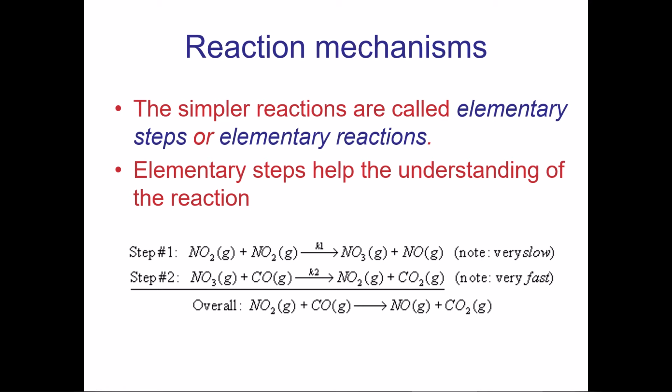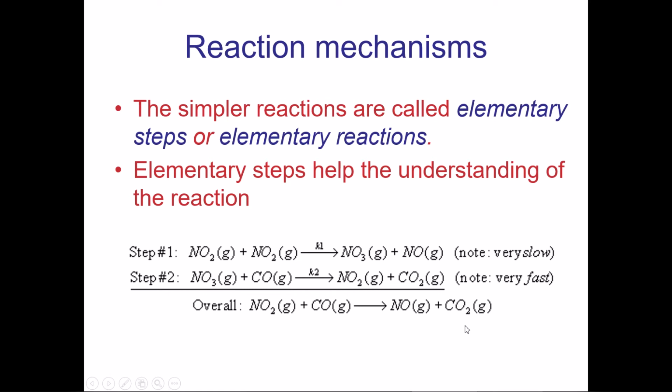So when we add these 2 steps together, and we do this by adding everything on the left side together and then everything on the right side together and crossing out things that occur on both sides, we can see that the NO3 molecules would cross out, one of our NO2s on each side would cross out, to give us an overall balanced equation of NO2 plus CO produces NO plus CO2.